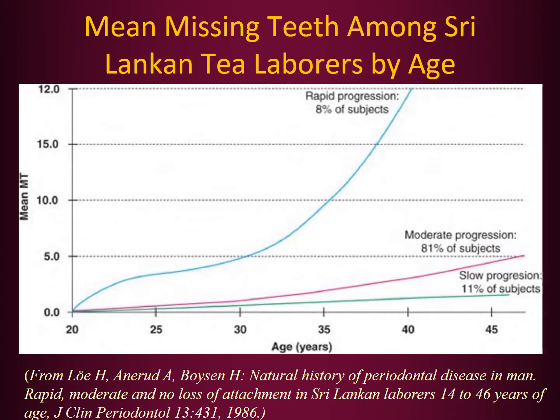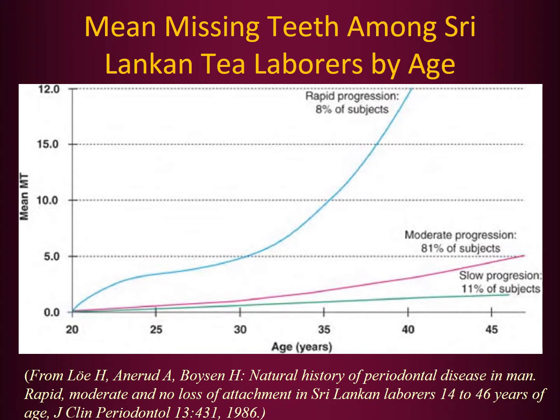But of course, it's difficult to talk about periodontitis without also talking about missing teeth. The ultimate problem with periodontitis is that if left untreated and left long enough, it oftentimes leads to loss of teeth. And this slide shows the mean tooth loss at different age groups for the different progression groups.